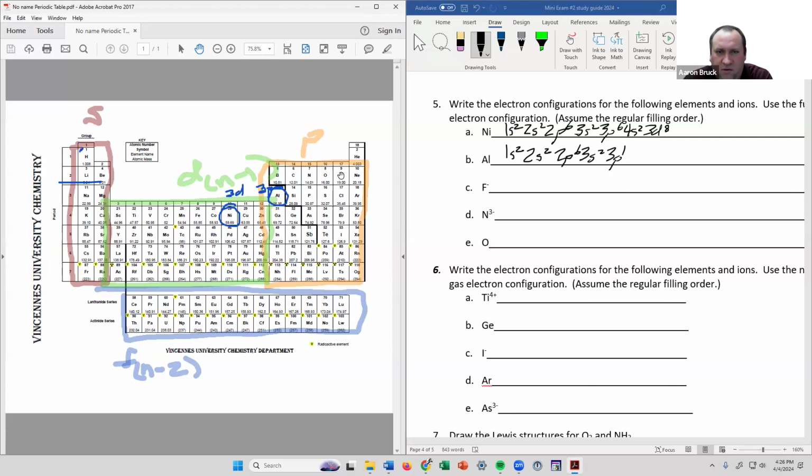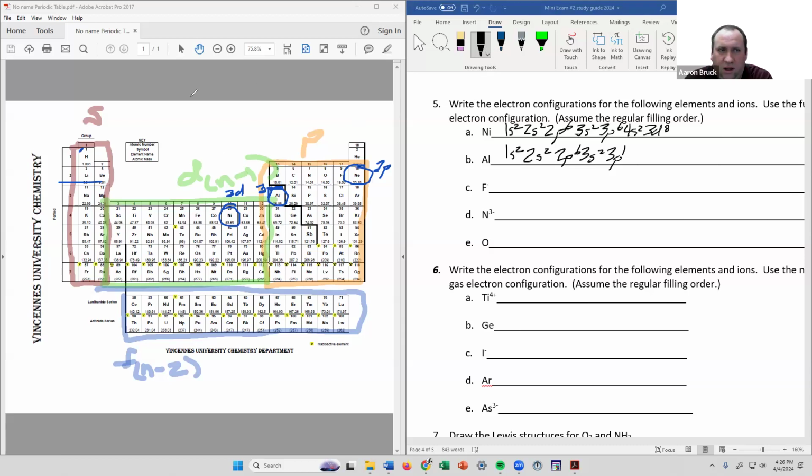So fluorine is right here. F minus would be a -1 charge, so it's going to be one more. One more to the right would be neon, and neon's last configuration is in 2p.